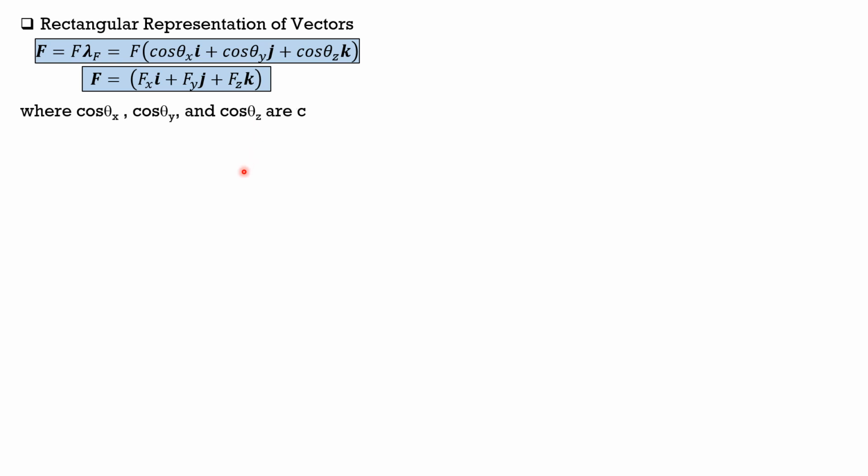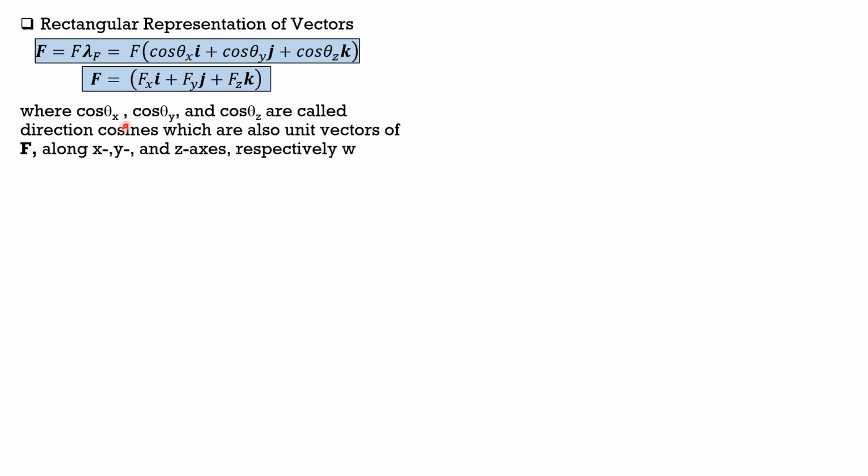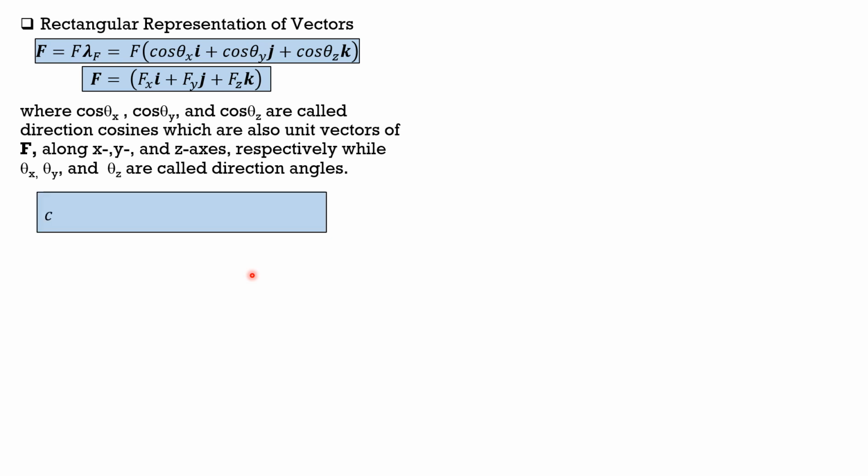Cosine theta x, cosine theta y, and cosine theta z are called direction cosines, which are also the components of the unit vector of F along the x, y, and z axes respectively, while theta x, theta y, and theta z are called direction angles: the angles that F makes with the positive x-axis, positive y-axis, and positive z-axis respectively.